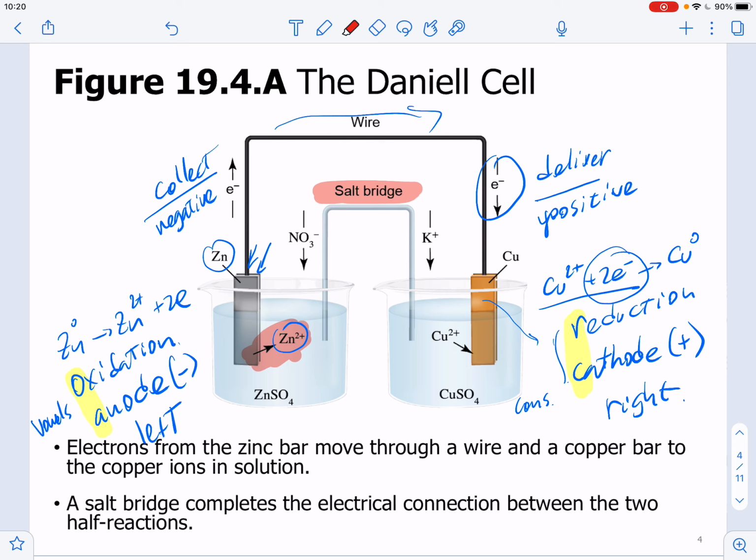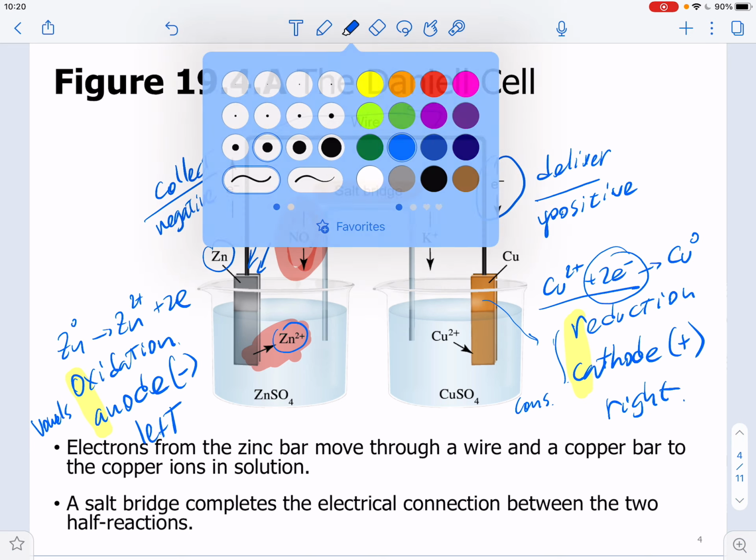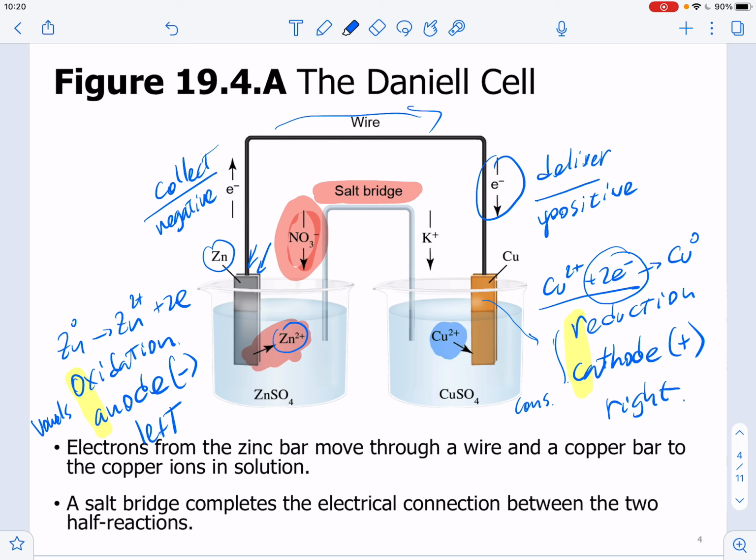So the salt bridge here is providing the counter ion. In this case, if you are producing cations, then it's providing anions so that you balance that positive charge being added to the solution. In contrast, on the other side, you are consuming cations.